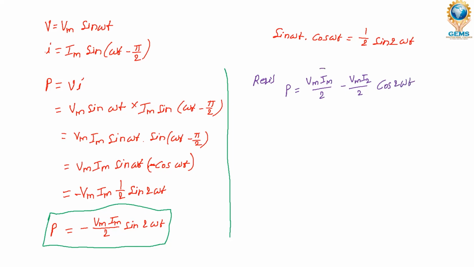This is the value we got, power equals V into I, and this becomes 0.